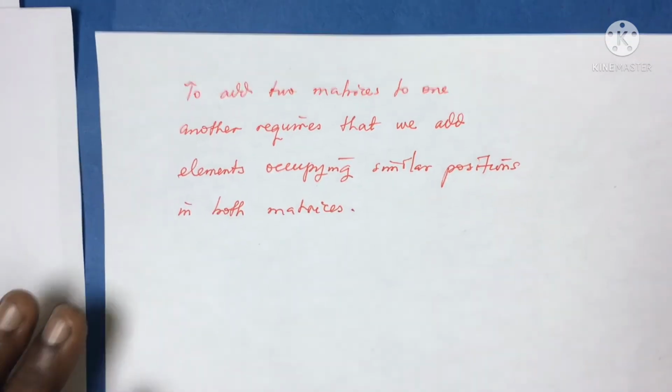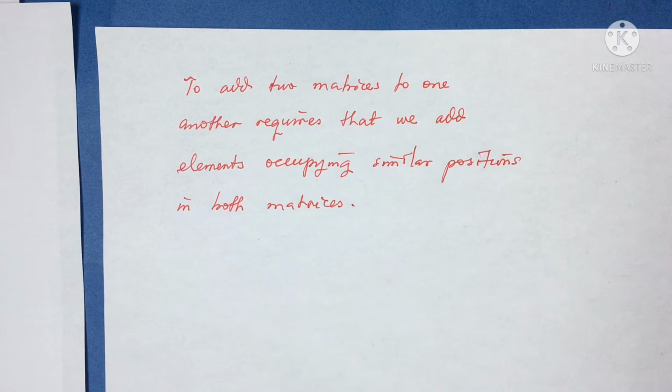Okay, so if you must add two matrices to one another, then we are required to add the two elements, any two elements occupying similar positions in both matrices.